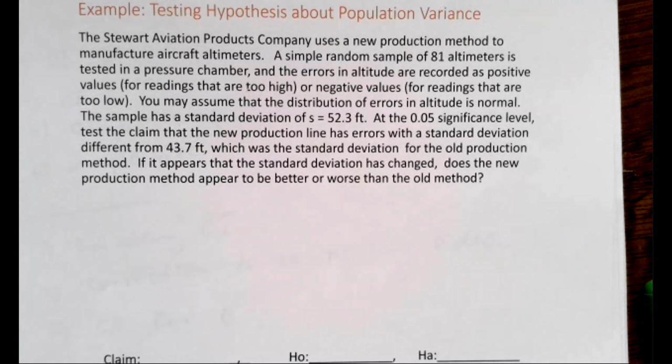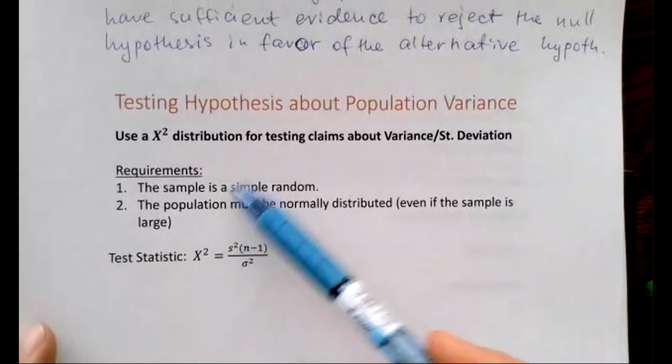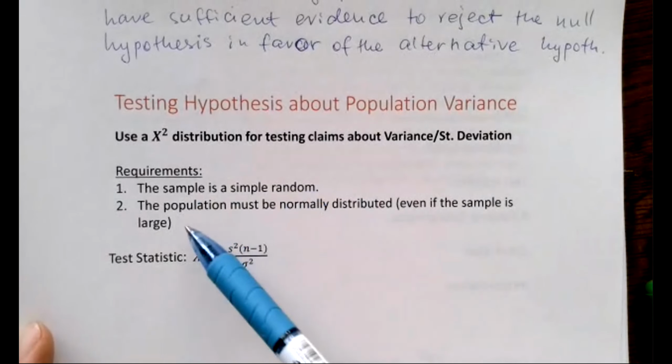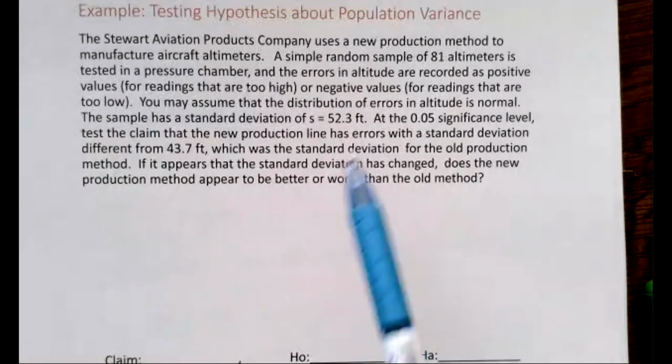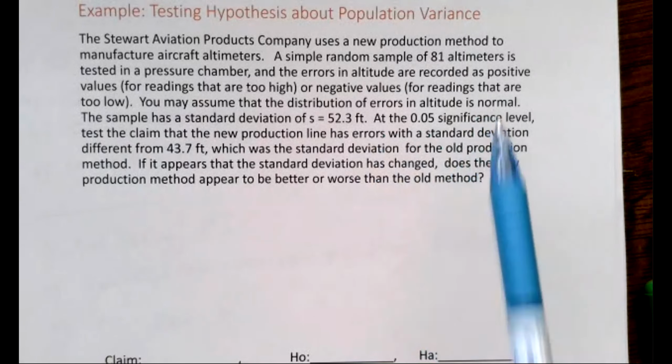You may assume that the distribution of errors in altitude is normal. So we are dealing with the normal distribution, which speaks to our requirements. The sample is a random sample, the population must be normal. So we do have it here.